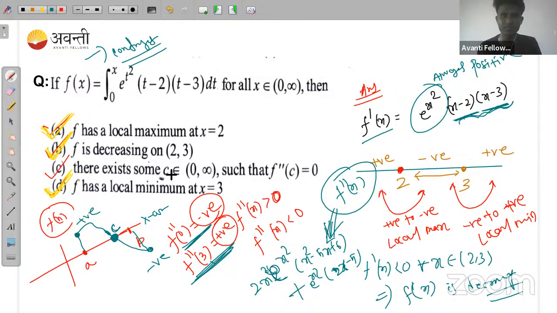So there exists some c belongs to 0 to infinity such that this is actually a true statement. Got it? Here, all 4 are correct. So always remember, in advanced questions you have to test all these options thoroughly, okay, without missing anything. ऐसा नहीं कि जो भी निकल के आ गया उसको टिक मार के आ जाओ, ऐसे नहीं होगा.